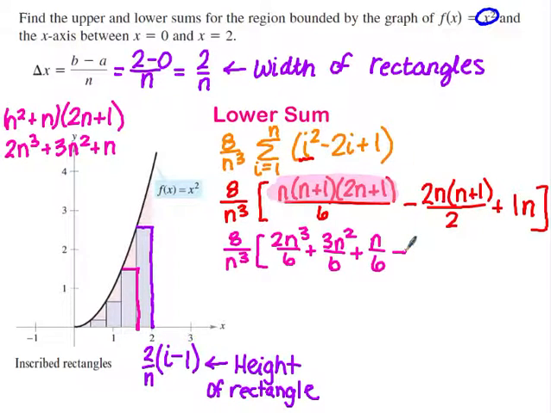Okay. Minus. What am I going to do here? Distribute. So I get 2n squared over 2 minus 2n over 2.